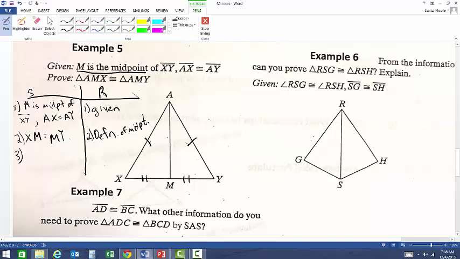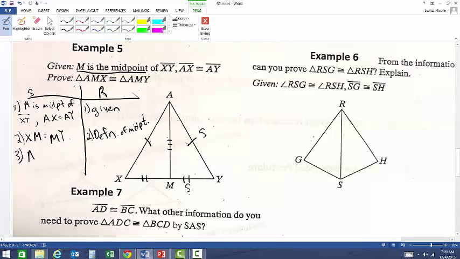So I'm looking at my triangles. I see a side marking and another side. For each triangle, I either need to get a rainbow somehow or I need to get a third side marking. And you can't just put in whatever you feel like. There has to be a valid reason for what you're doing. So if I look at side AM, I'm going to put tick marks on it because that side is shared. It's obviously going to be equal to itself.